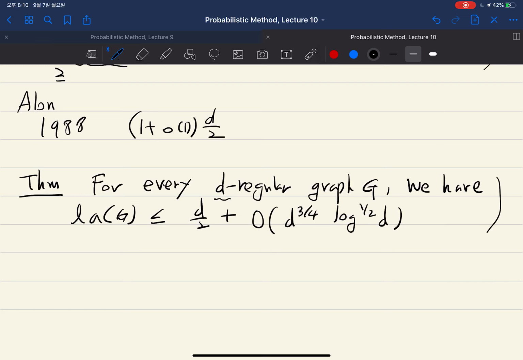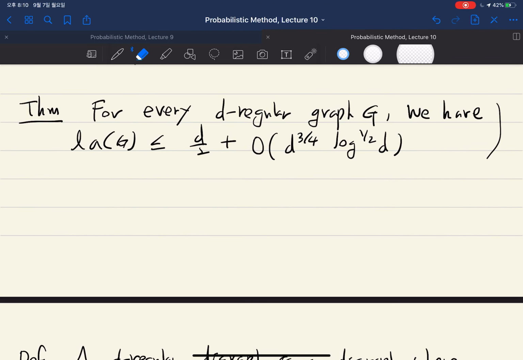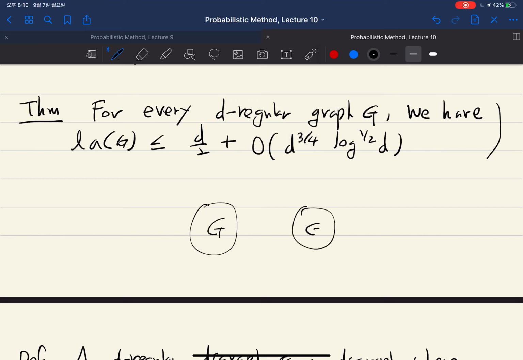If d is not even, there are several ways to do it. For example, you take 2 copies of G and then add a perfect matching. Then this is a d plus 1 regular graph.